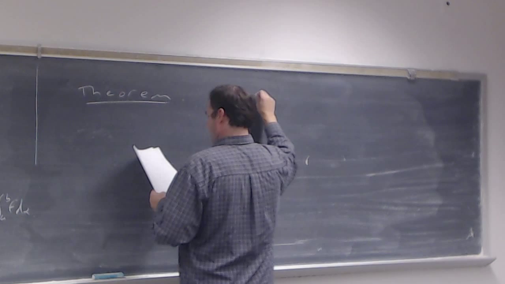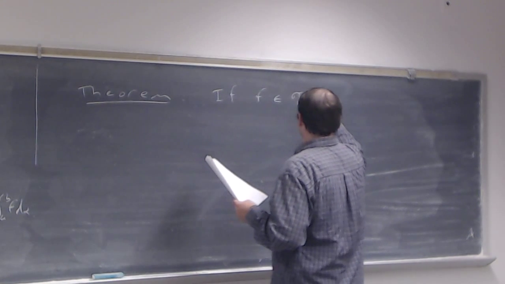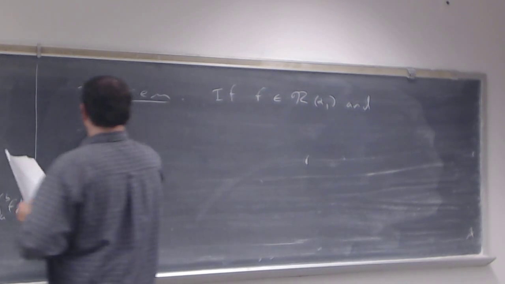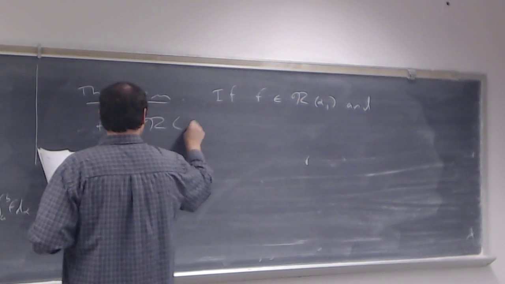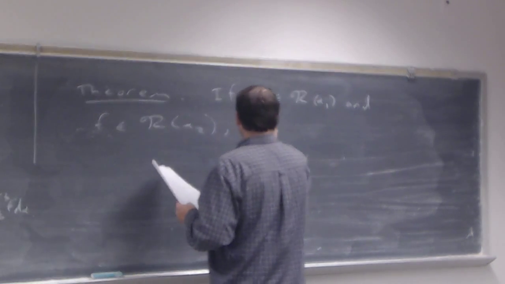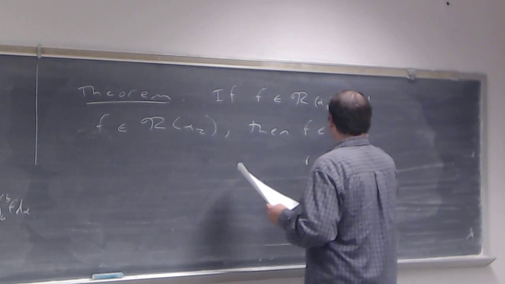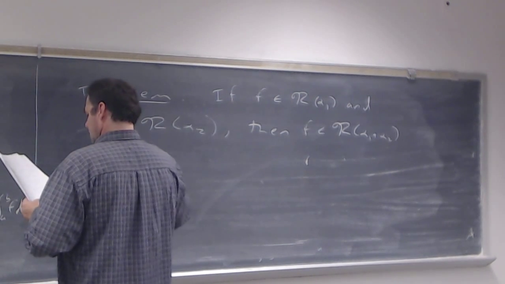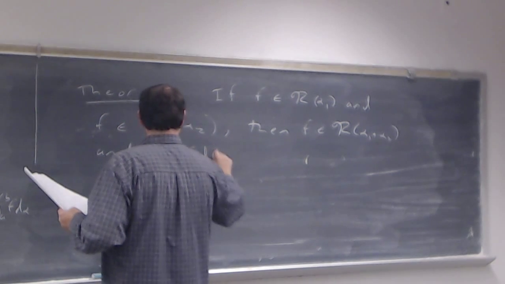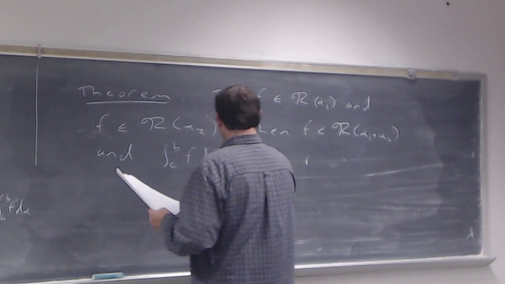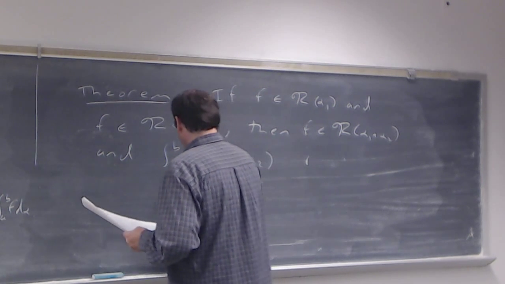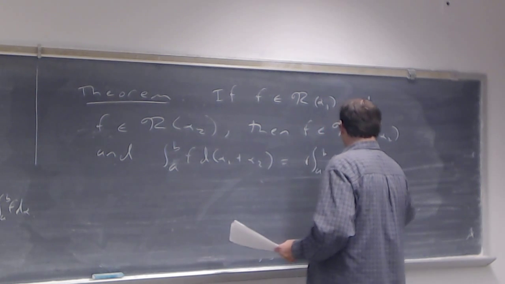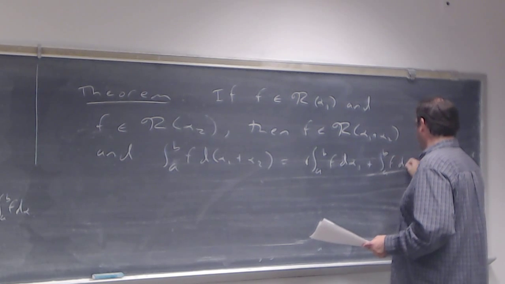So here it says, if f is Riemann integrable with respect to alpha sub 1, and f is Riemann integrable with respect to alpha sub 2, then f is Riemann integrable with respect to alpha sub 1 plus alpha sub 2, and the integral from A to B of f d(alpha sub 1 plus alpha sub 2) will be equal to the integral from A to B of f d alpha sub 1 plus the integral from A to B of f d alpha sub 2.